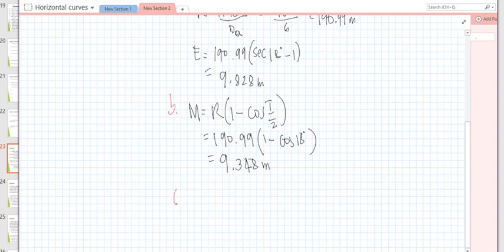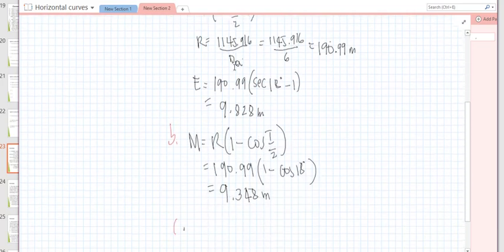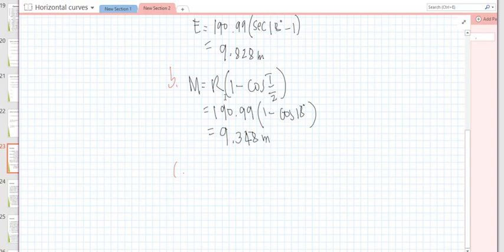Okay, letter C. Now that para makuha na to ang stationing, we need to compute for the value of this arc, no, sa iyahang measurement from PC to this point. So we know that the formula for the arc, S is equal to R times theta.